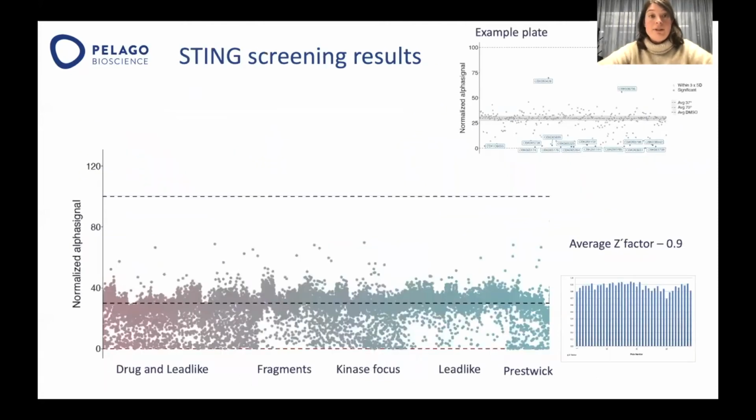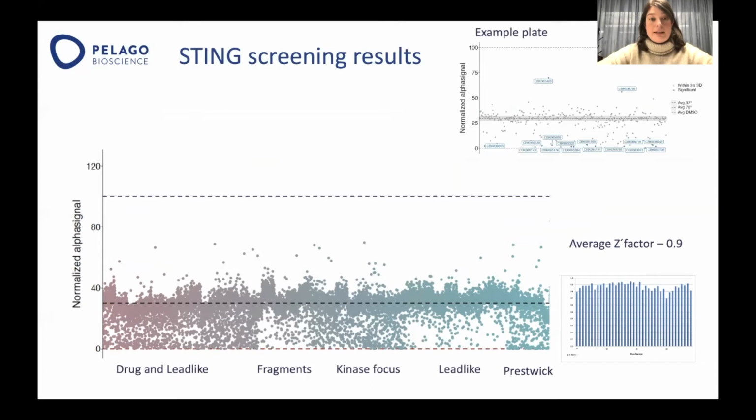Moving into the primary screening, this is the result from the screen. And as you can see, there are a fair amount of compounds that are able to stabilize STING. But when we look at the compounds that are destabilizing, there are really many hits.